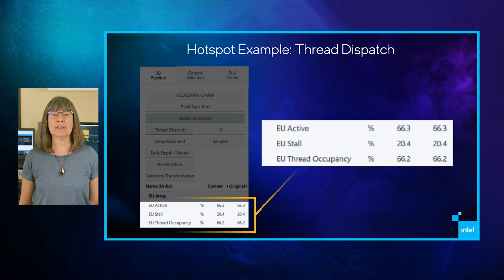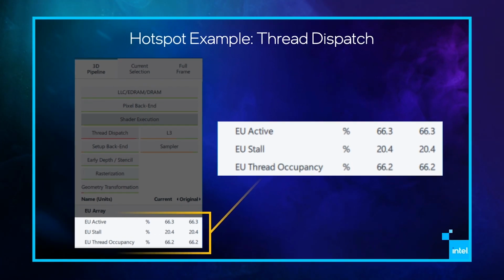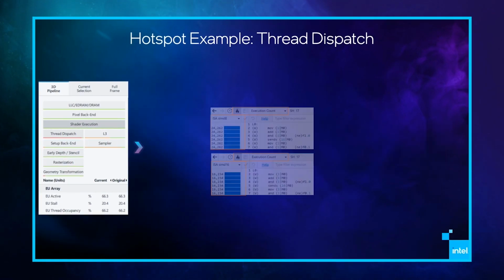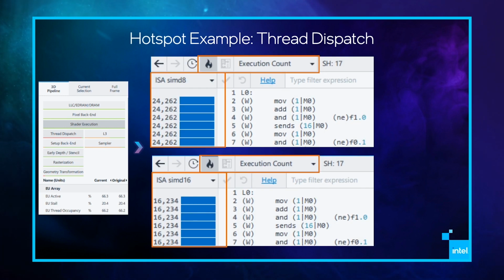Let's look at what is causing this issue. Here we will again use Shader Profiler, but in execution count mode, which shows how many times each instruction was executed. If you look there at the pixel shader, you may notice that it has been compiled into both SIMD8 and SIMD16.